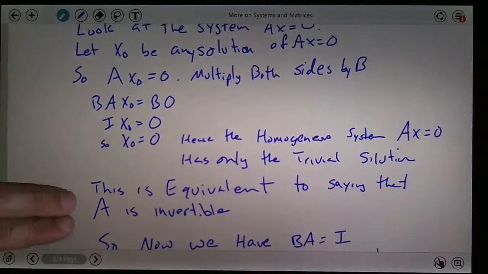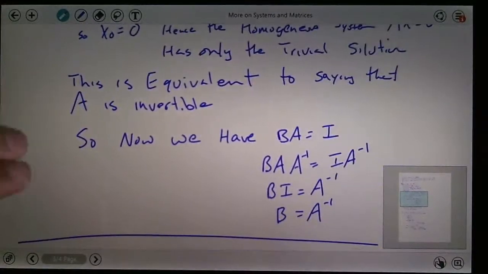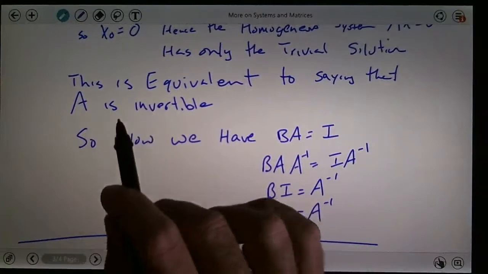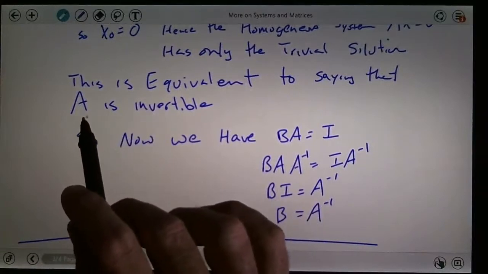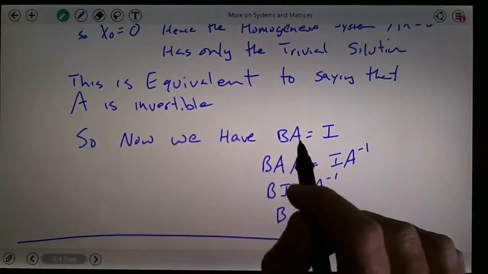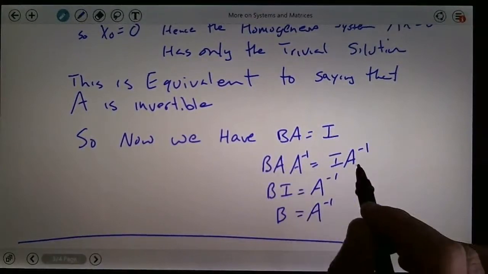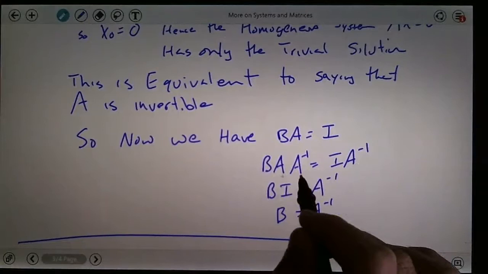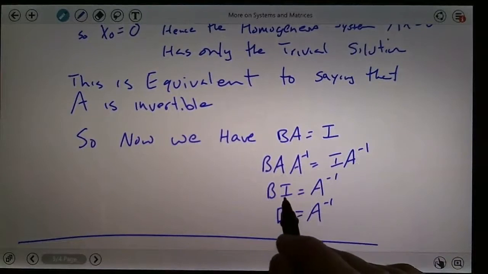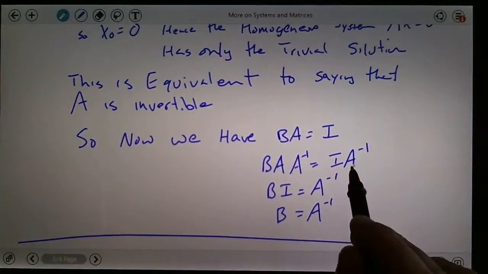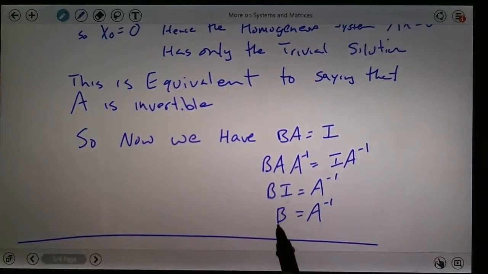So now we have the following. If A is invertible, then A inverse exists, and I can talk about A inverse. And we started with this, that B times A equals I. We'll multiply both sides on the right by A inverse. The A times A inverse is definitely I. The I times A inverse is A inverse. B times I is B, and so you end up here with B is A inverse.